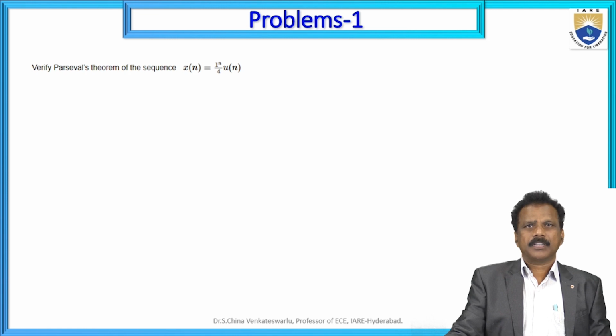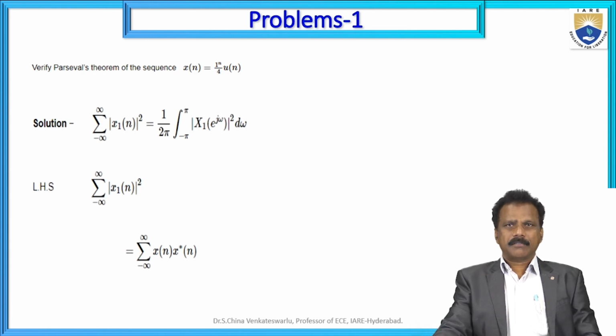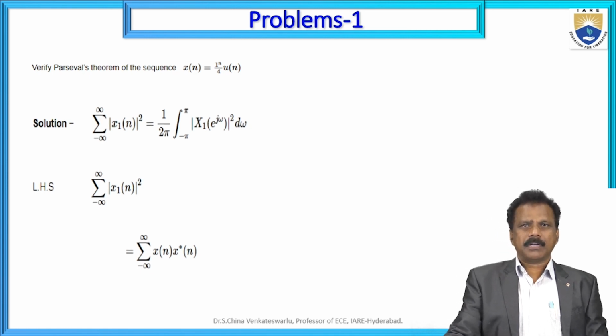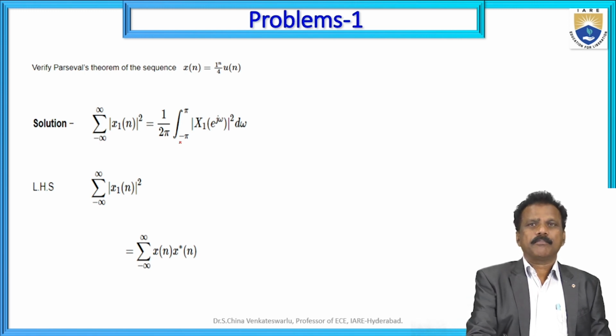Verify Parseval's theorem for the sequence x of n equal to (1/4) power n u of n. Here under this is the relevant solution. The summation from minus infinity to plus infinity of x of n square is equal to 1 by 2 pi times the integral from minus pi to plus pi of x of e power j omega square d omega.